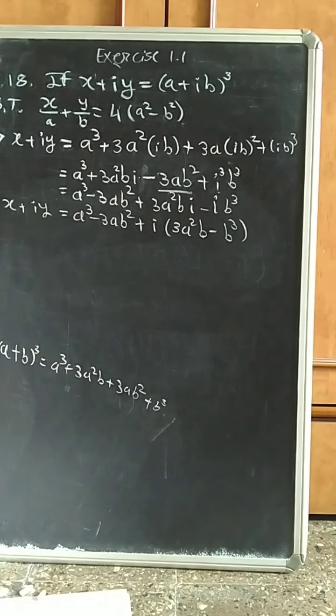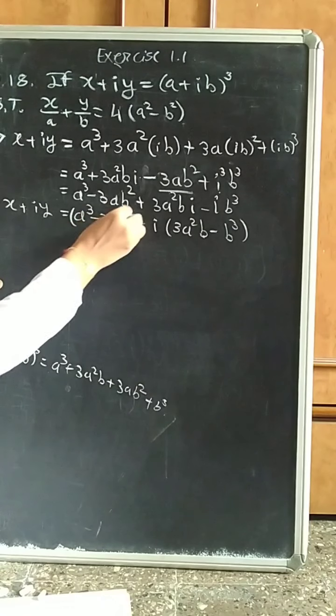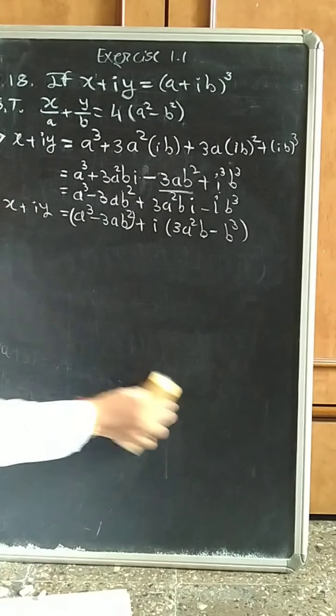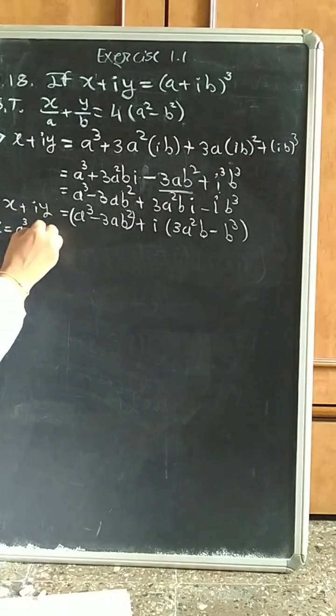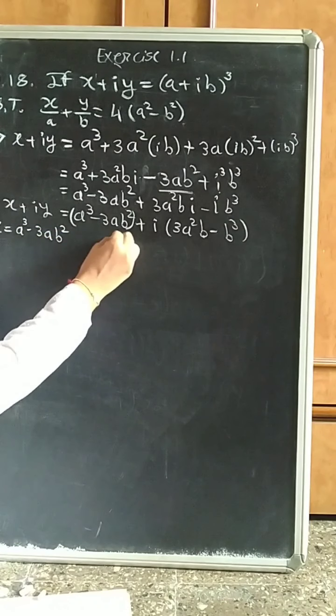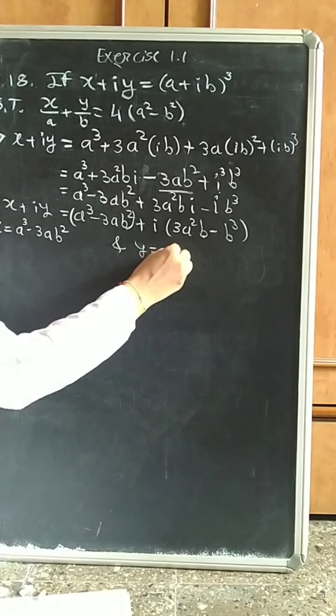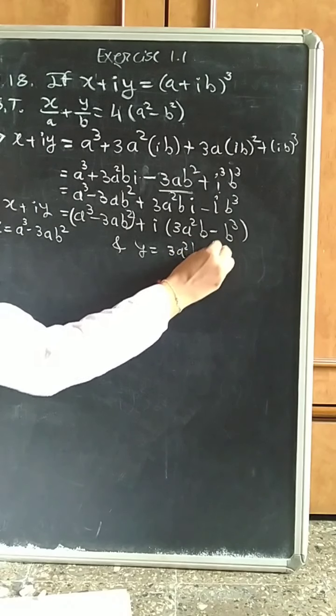These two complex numbers are equal if, by equality of complex number, what we'll get? x equal to a cube minus 3ab square and y equal to 3a square b minus b cube.